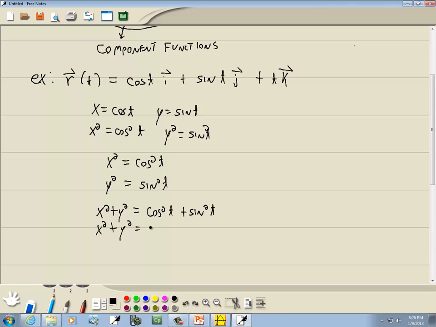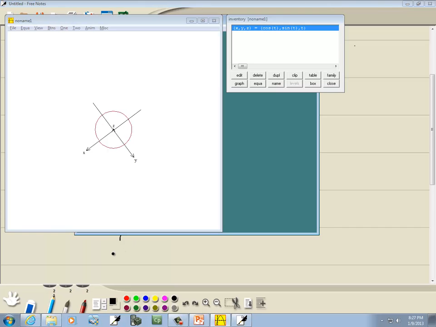Well, cosine squared plus sine squared is equal to 1. So this is a circle of radius 1. And if I look over here, it does look like a circle. Of course, I can't see the tick marks, but this would be radius 1. That's if I'm looking at just the x and y components.